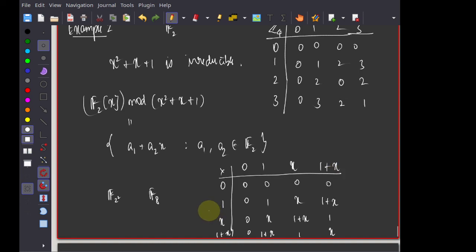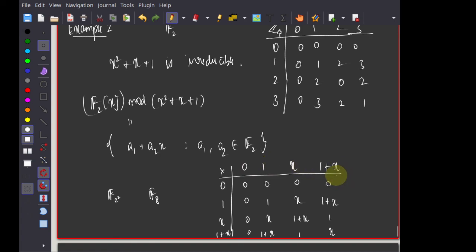So in both cases, the groups are different. If you look at f(x) times x square plus x plus 1, that is a group. It's a subgroup of F2[x]. It has exactly 4 cosets, and these are going to be the coset representatives.